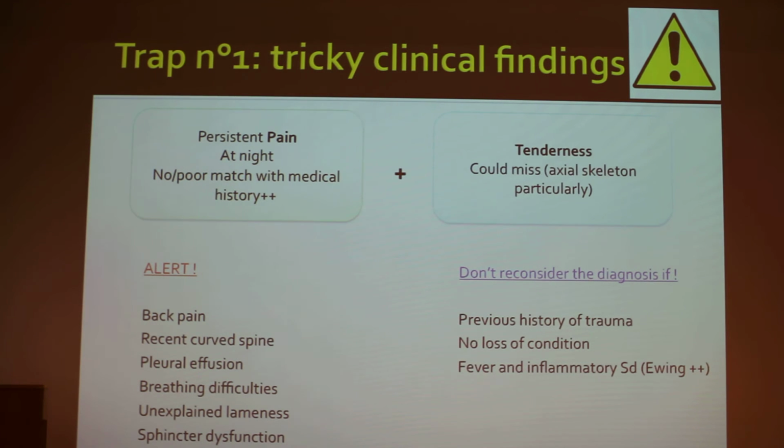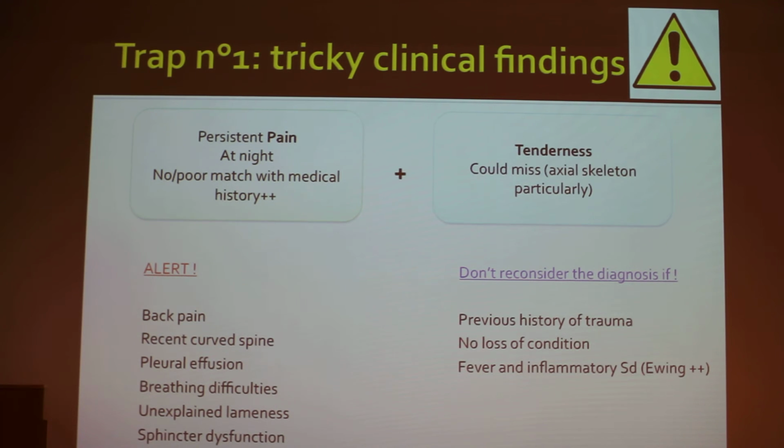Some findings are pretty uncommon in kids, especially when you have inflammatory pain associated or not with tenderness. You've got to be aware of the possibility of a malignant tumor. So never reconsider the diagnosis, because like we know, all kids have trauma, but it could be associated and it could be a pathologic fracture.